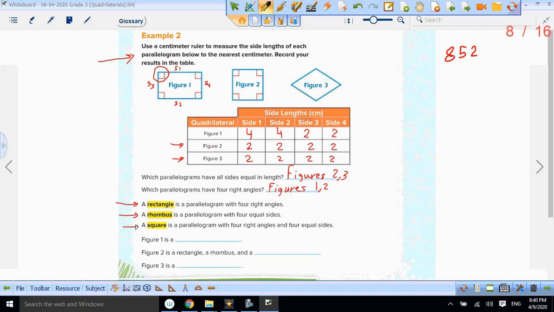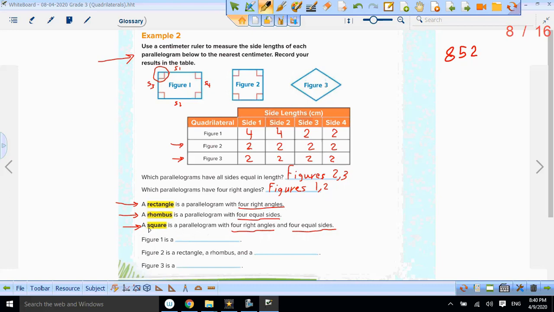Read these important remarks. A rectangle is a parallelogram with 4 right angles. A rhombus is a parallelogram with 4 equal sides. A square is a parallelogram with 4 right angles and 4 equal sides.